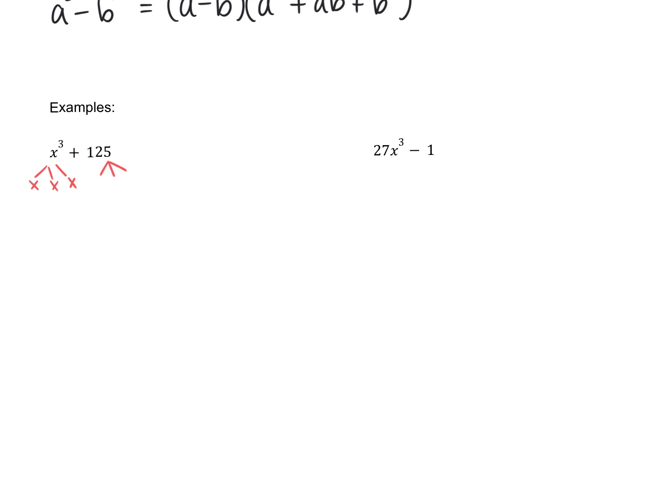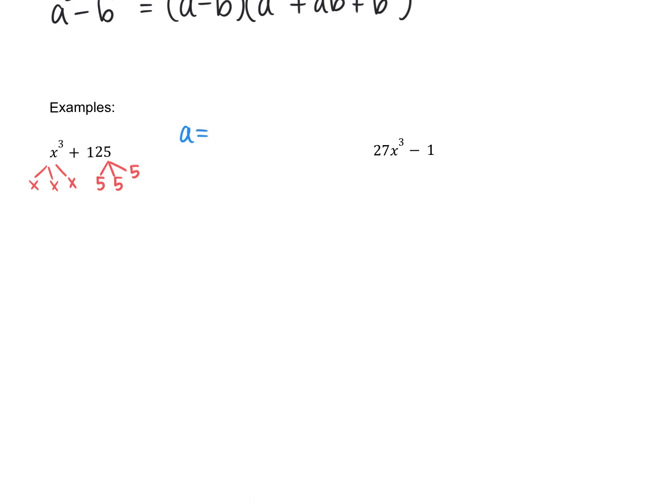Because yes, 25 times 3 is 125, but I'm looking for the number, but 25 times 25 times 25 is not 125, and that's what I'm looking for here. So the number that you multiply by itself 3 times to get 125 is actually 5. 5 times 5 times 5 is 125.